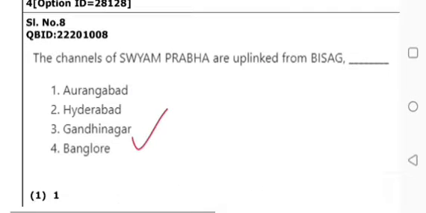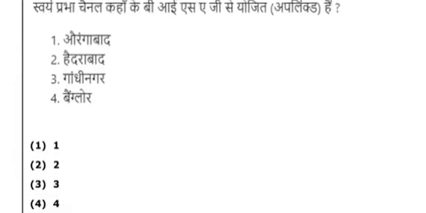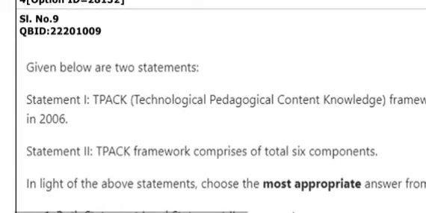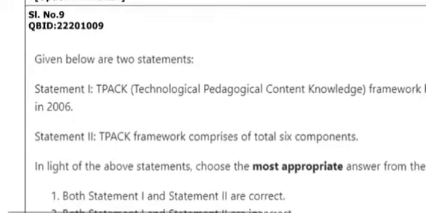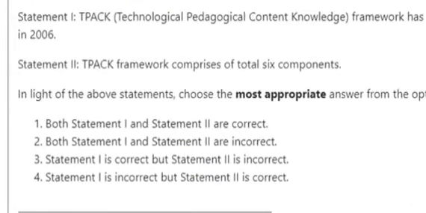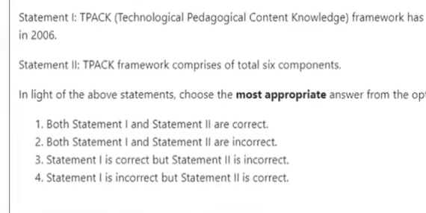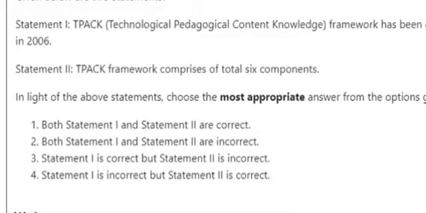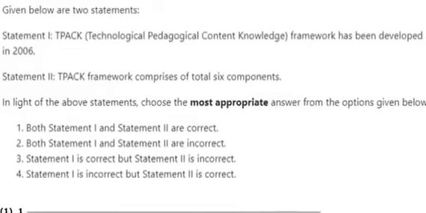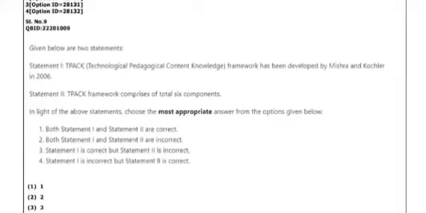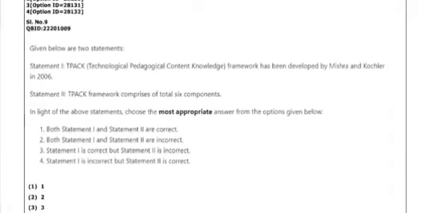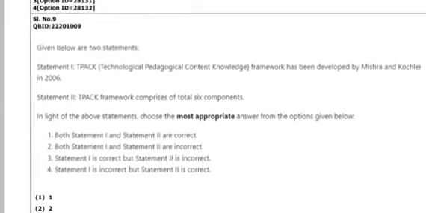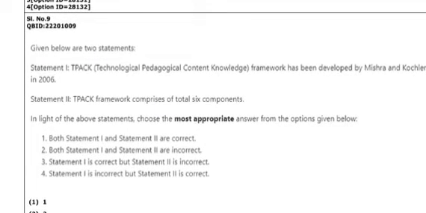Please verify it. Number 9 says, given below are 2 statements. Statement 1 says, the TPACK, Technological Pedagogical Content Knowledge framework, has been developed by Mishra and Koehler in 2006. Statement 2 says the TPACK framework comprises a total of 6 components.